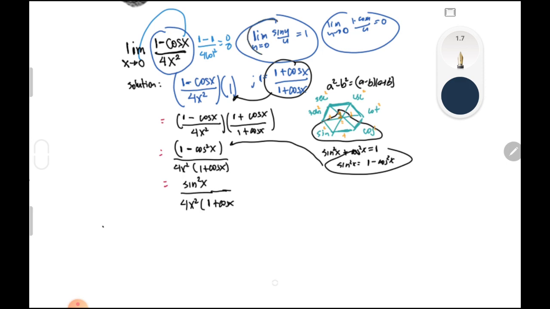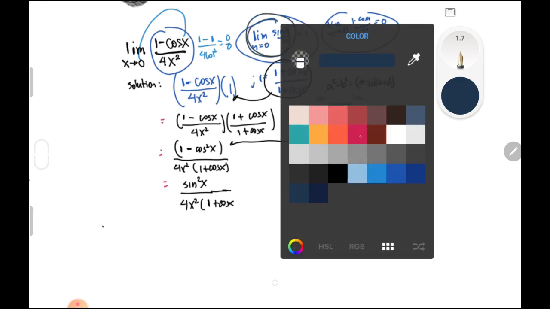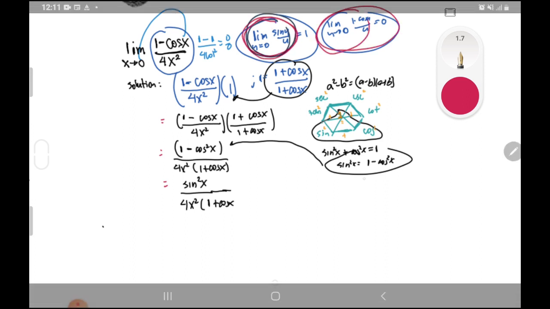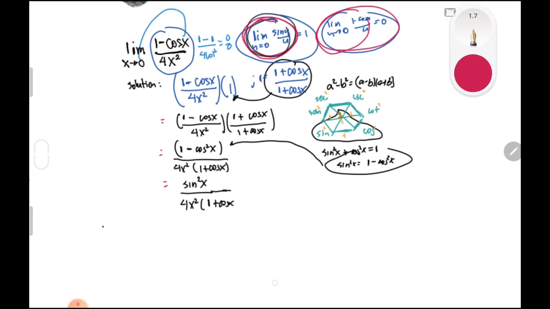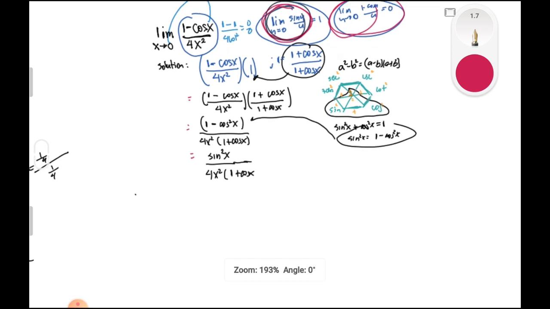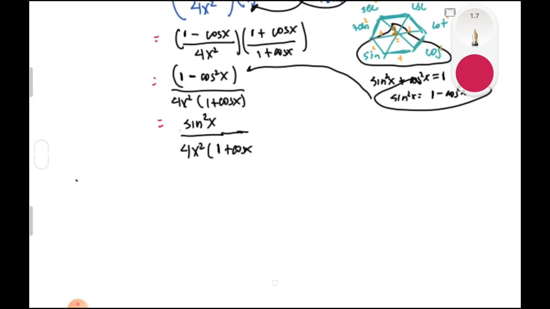Apply this theorem. In order to solve any problem, you must have a plan in solving it, and our plan is to apply this theorem, or this theorem, to any function in the problem. From this, you can see that we can apply this function, sine squared x divided by x squared.